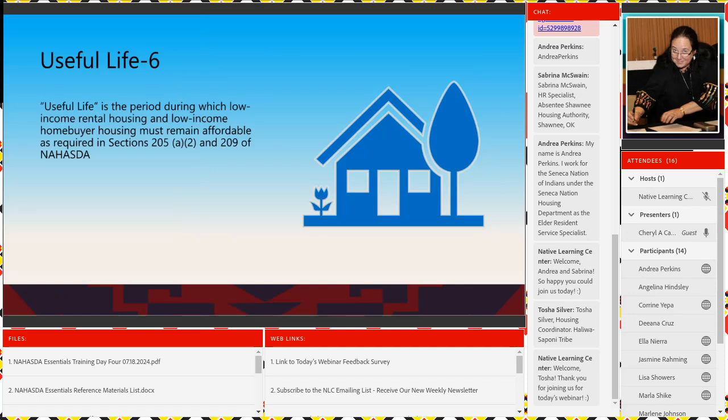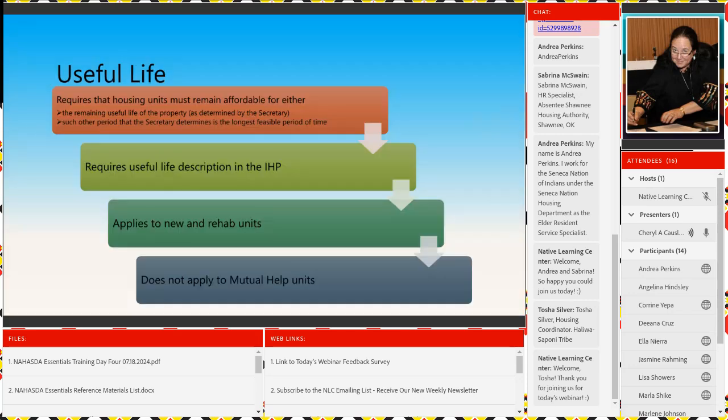So useful life is the period during which your low-income rental housing and your low-income homebuyer housing has to remain affordable as required by the statute at 205 A2 and 209. Okay. It requires your housing units remain affordable for the remaining useful life of the property as determined by the secretary, or other period that the secretary determines is the longest feasible period of time.